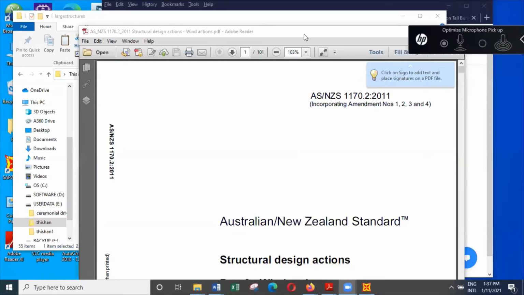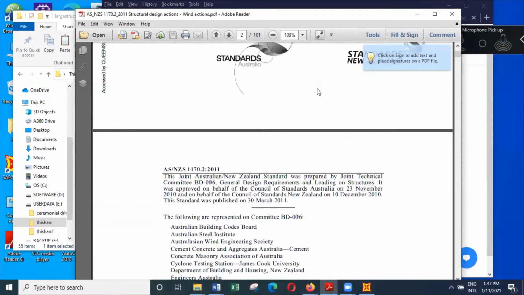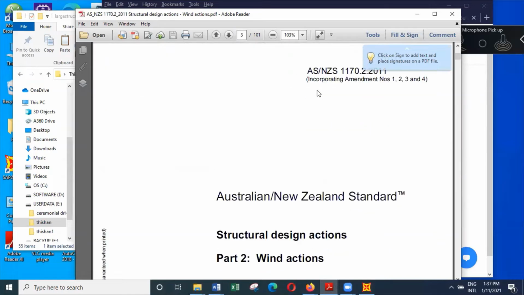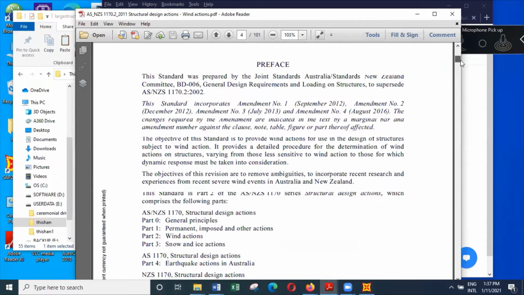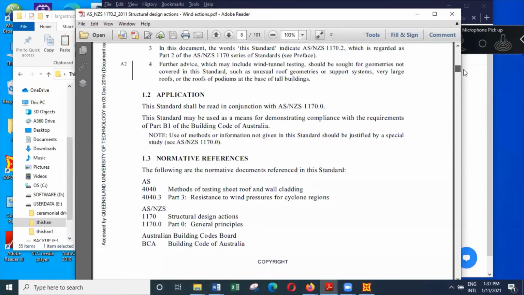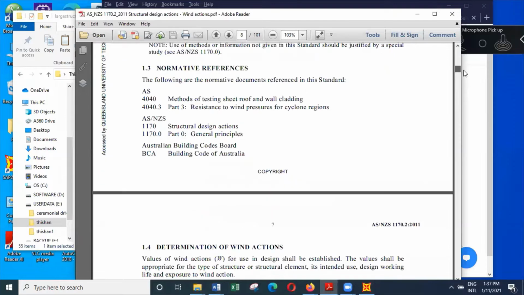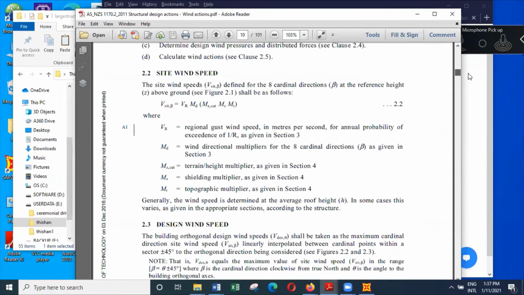So this is the Australian code, and it has a lot of information. Have you used the Australian code before, Janit? No, sir.